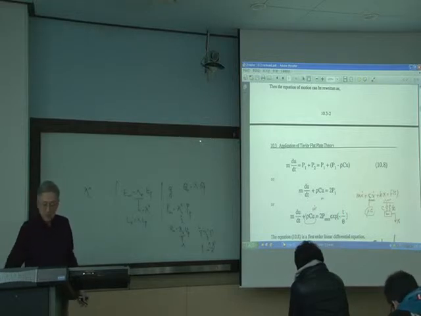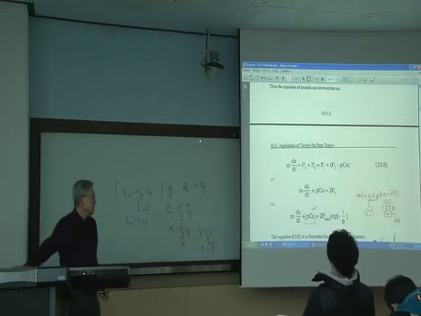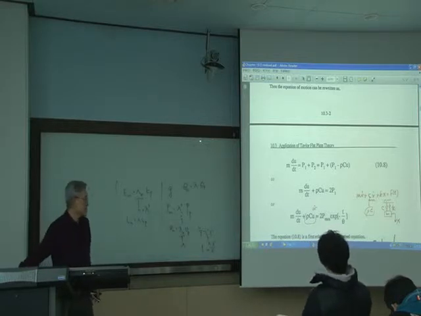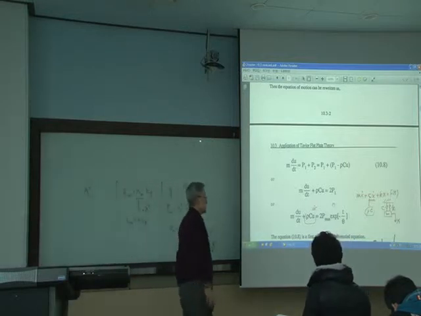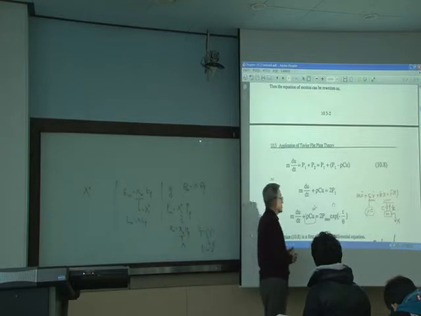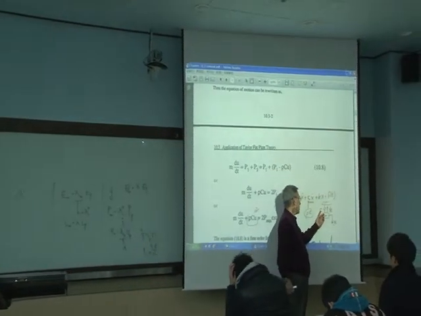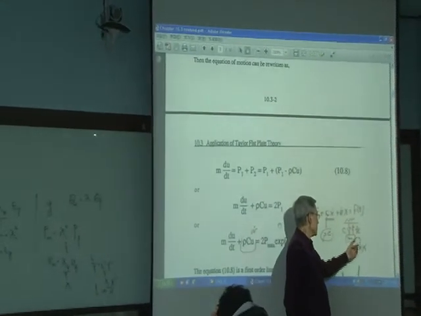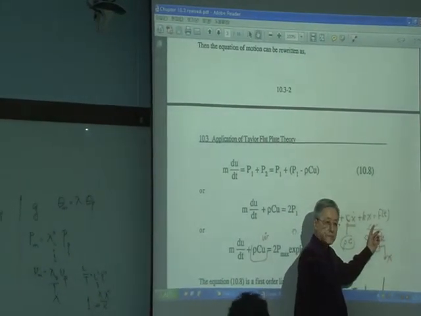Take a look at these equations here. If you take a vibration or dynamics course, it's like a mass, dashpot damper, and K spring, and you have that equation of motion, right?